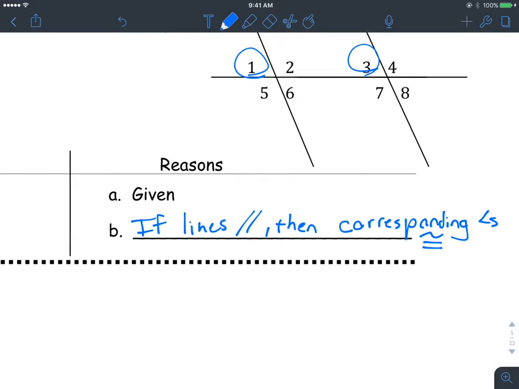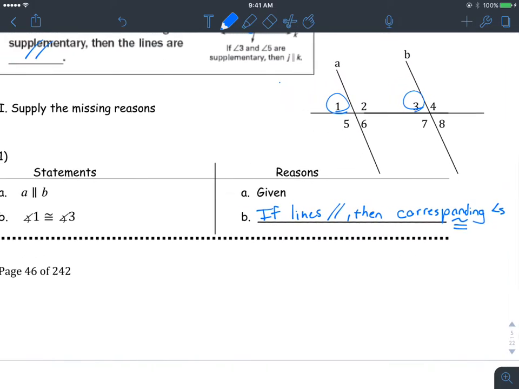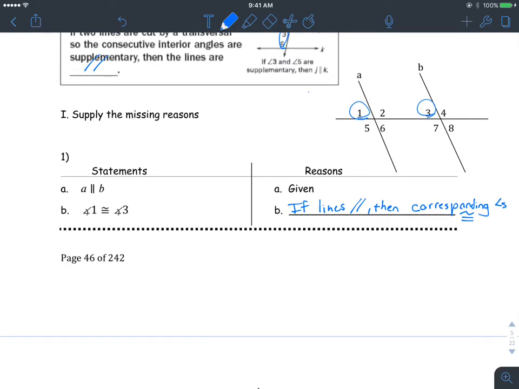So you want to write it as a conditional statement: if you have lines that are parallel, then the corresponding angles are congruent. You can use little symbols because that's a lot to write in one line. That's pretty much it. That's a one-step proof using the corresponding angles theorem.